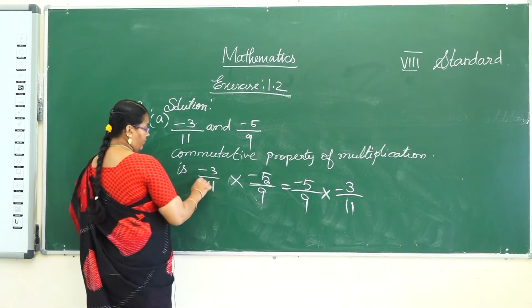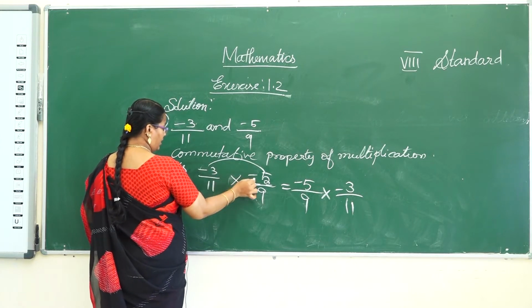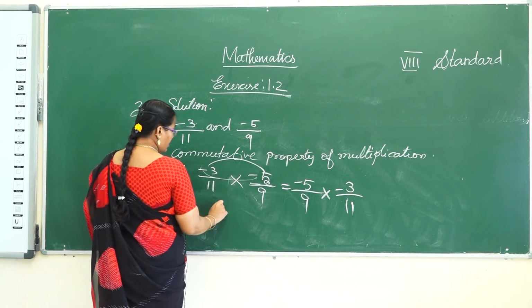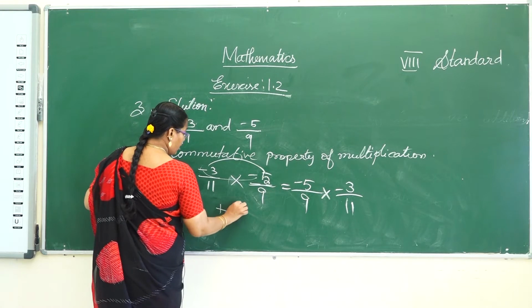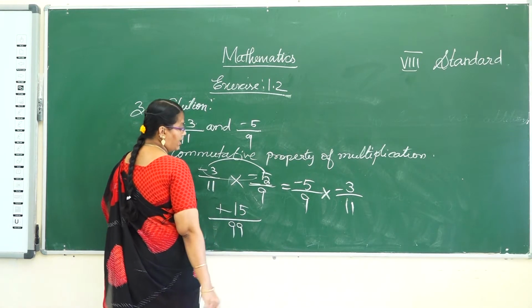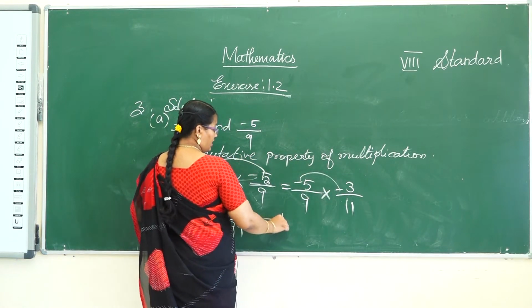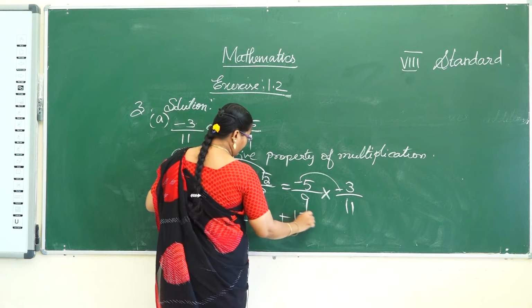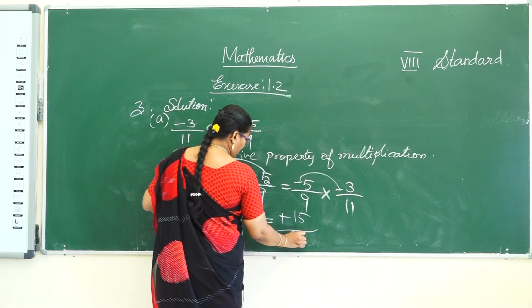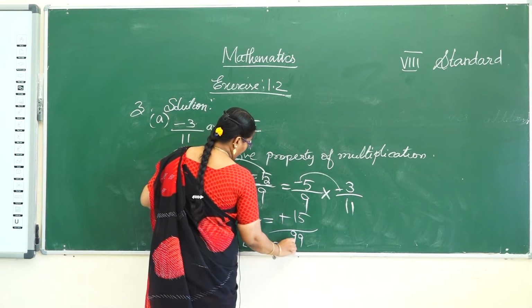So simplify. Minus into minus, first write the sign, plus. 3 fives are 15, 11 nines are 99. Here also multiply: minus into minus plus, 5 threes are 15, 9 elevens are 99. So the left hand side is equal to the right hand side.